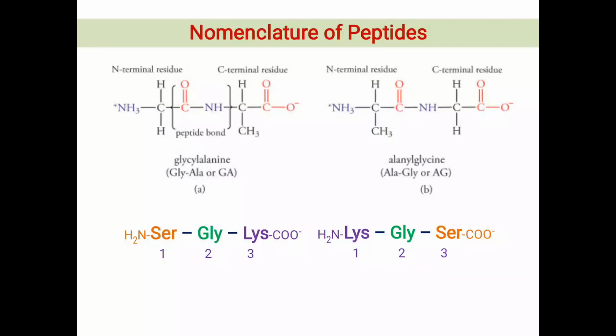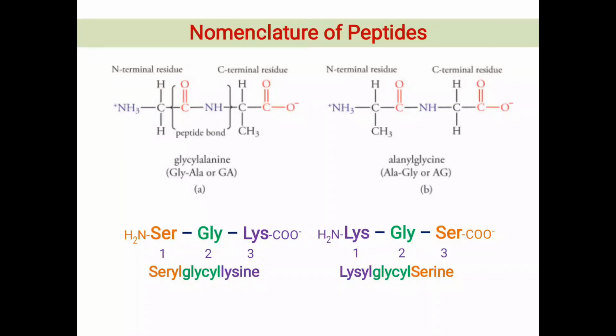Following the two rules of peptide nomenclature, the name of the first tripeptide will be seryl glycyl lysine. On the other hand, the name of the next tripeptide will be lysyl glycyl serine. These are a few examples to explain how to name peptides.